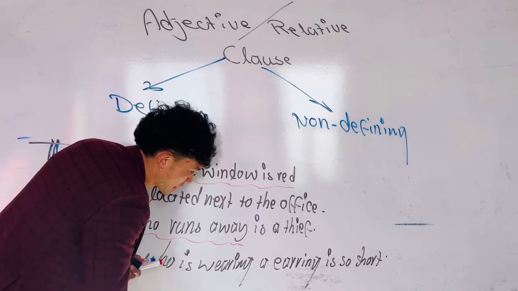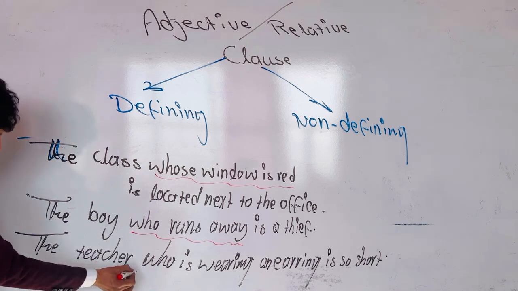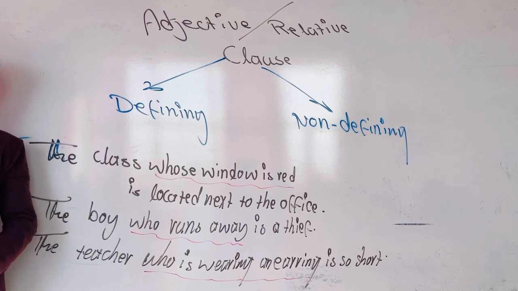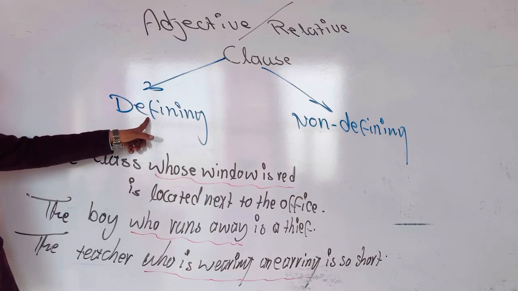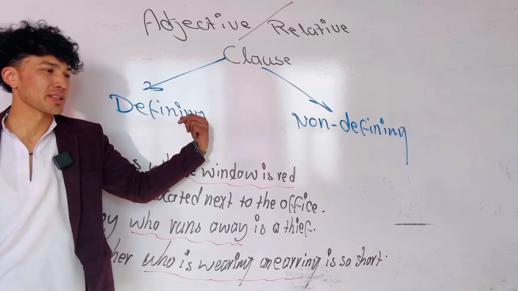This is an earring, okay? Which part do you think is the adjective class? This part. Is this necessary or extra? Necessary. Defining adjective class. On the other hand, non-defining adjective class, as the name suggests, is the opposite of this.